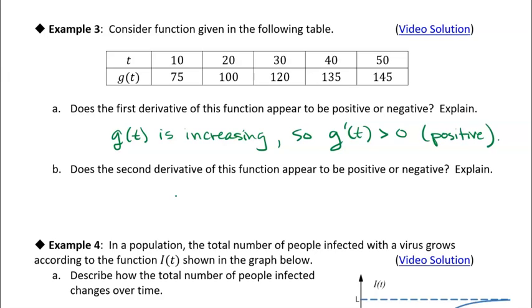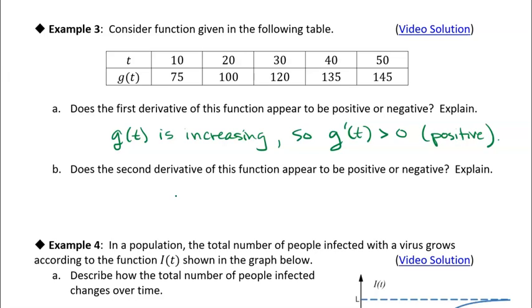We just have a few data points, but I think a good estimate is that we would expect the derivative to be positive because the function is increasing. Now we don't know what's happening in between. Maybe it increases and decreases. But given the data that we have, it looks like the derivative is positive.